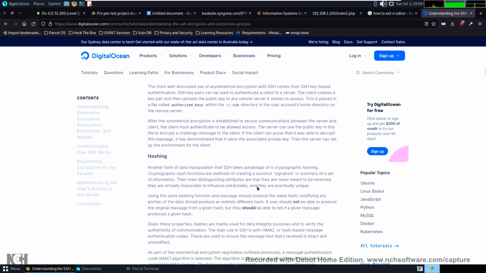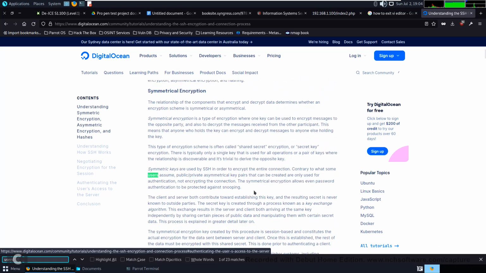Private key. I'm looking for something specific. Okay. Here we go. Symmetric keys. So this is what we are talking about with symmetrical encryption. Symmetric keys are used by SSH in order to encrypt the entire connection. Contrary to what some users assume, public-private asymmetrical key pairs, I had the words backwards, sorry, that can be created are only used for authentication, not encrypting the connection.